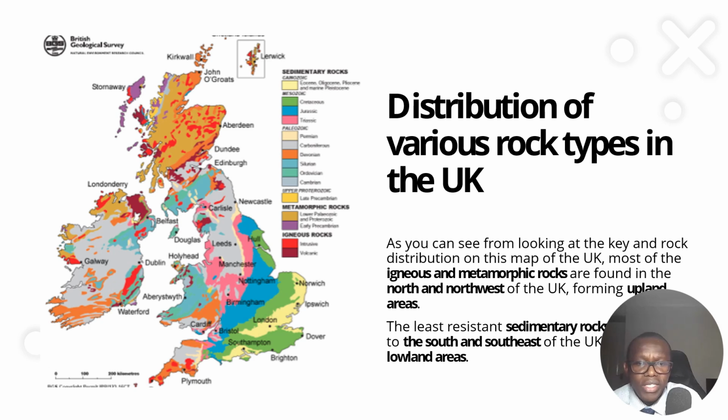These are the least resistant rocks, and these areas to the south and southeast of the UK are lowland landscape. The areas to the north and the west of the UK mostly have igneous and metamorphic rock, which is eroding a lot slower and forming upland areas.